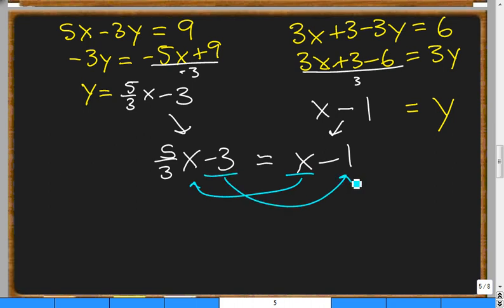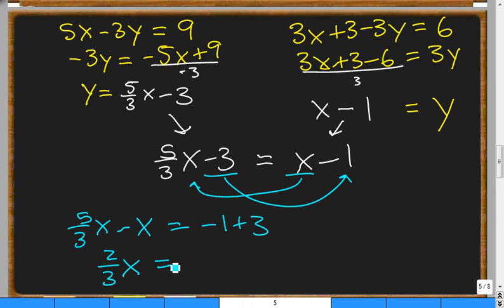So I'm going to end up with 5/3 x minus x on one side, and I'm going to end up with negative 1 plus 3 on the other. Well, 5/3 x minus x is going to give me 2/3 x. This will give me 2. And so this would follow if I divided each side by 2/3. I should end up with x would have to be 3.